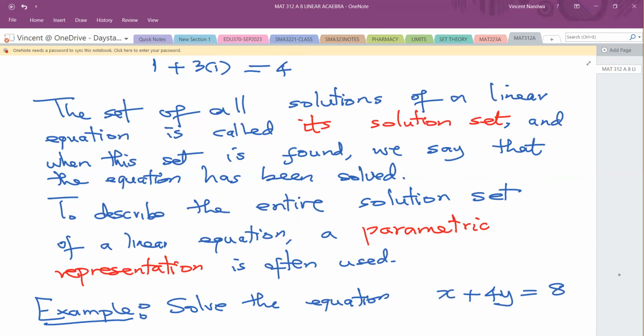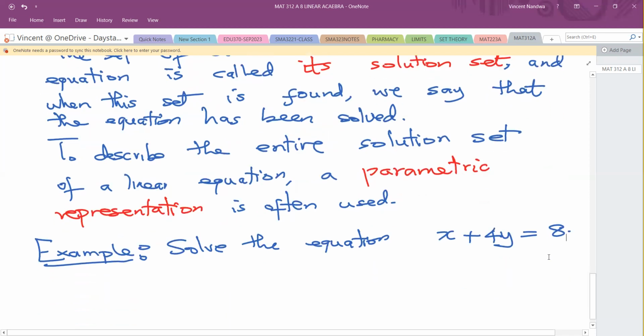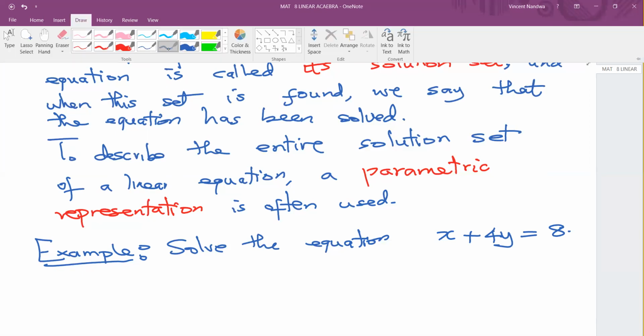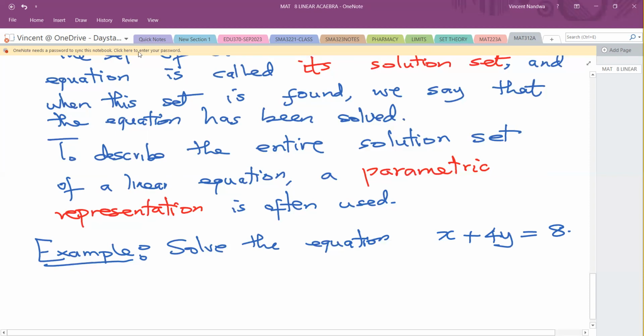That's actually an appetizer. It means find all the values of x and y that satisfy this equation. And it's a very easy exercise.